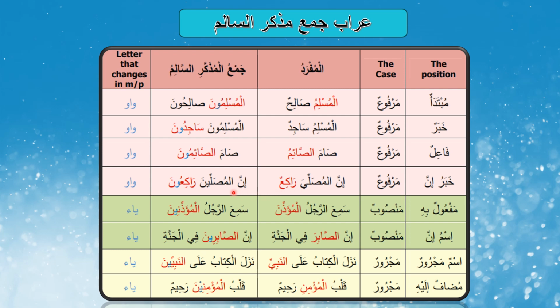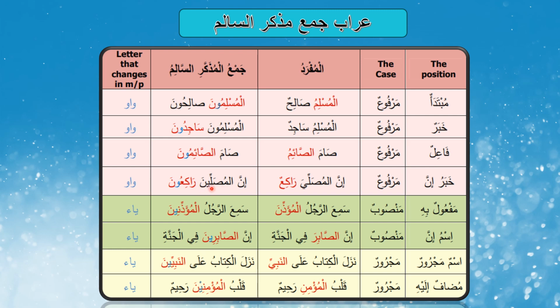When you change it into Jama muzakkar, into a plural sentence, inna remains as it is. You cannot change it because it's a particle, it's mabni. So what will be changed? The noun, al-musallina. Why is it musallina?